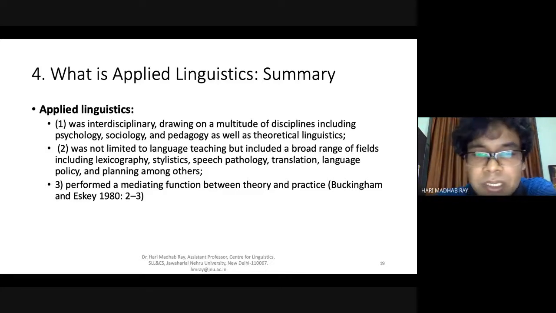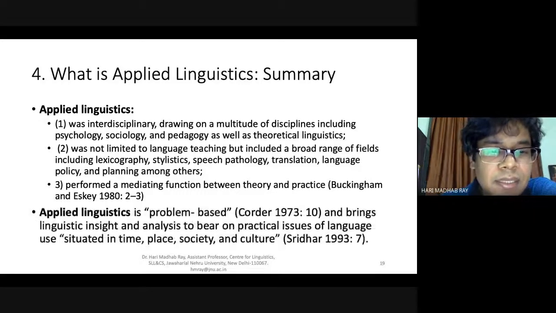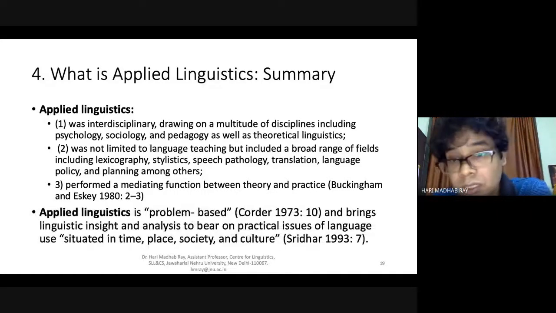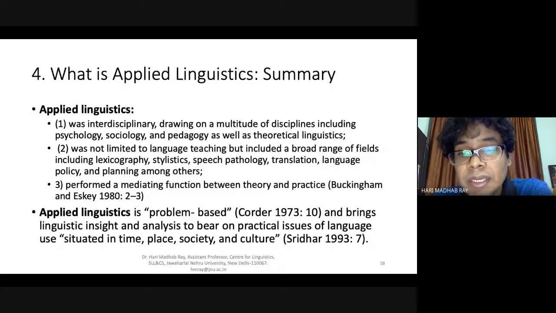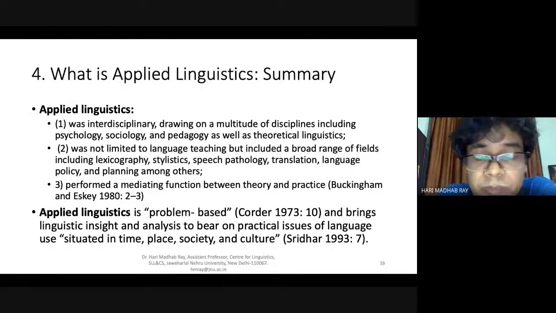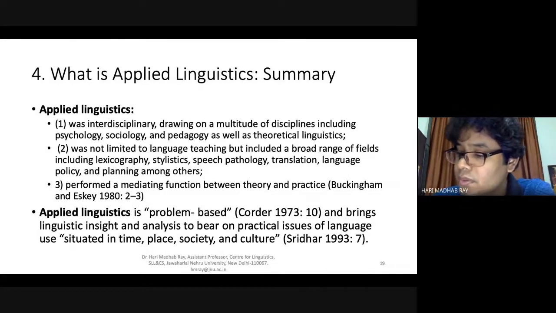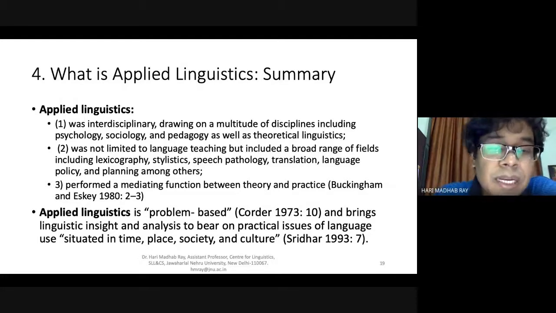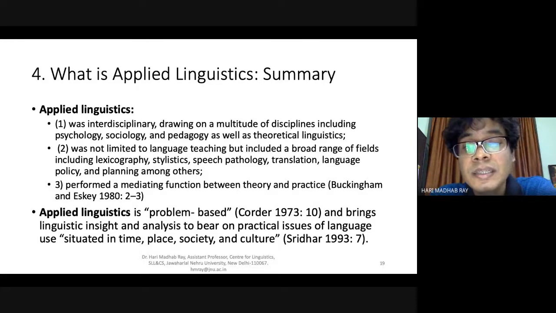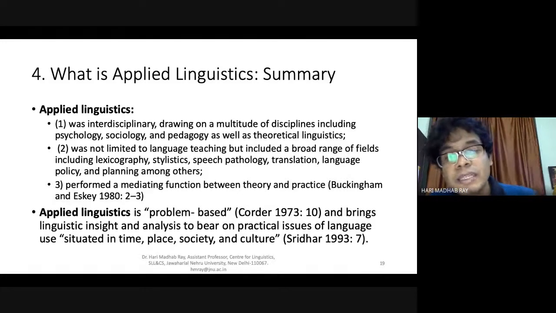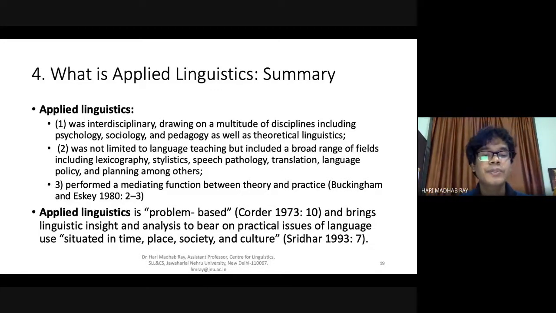I think we have already spoken about this. And Corder and Sridhar, one of the very famous Indian linguists: applied linguistics is problem-based and brings linguistic insight and analysis to bear on practical issues of language use situated in time, place, society, and culture.